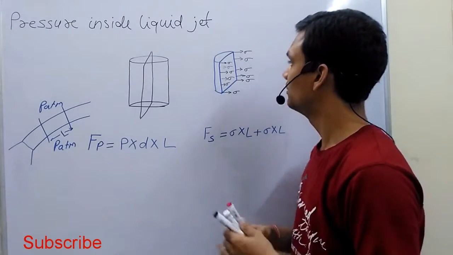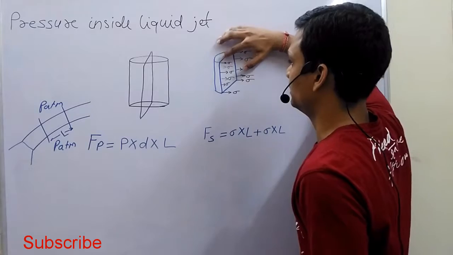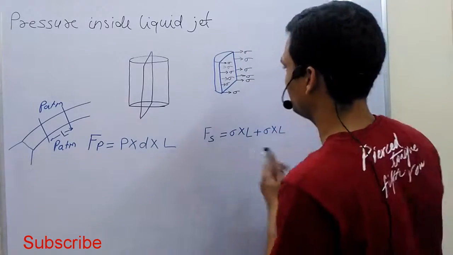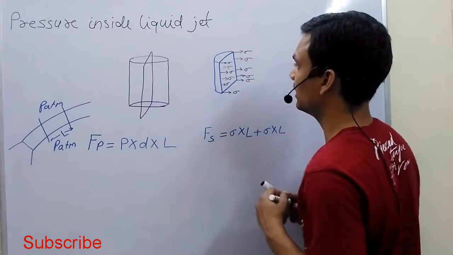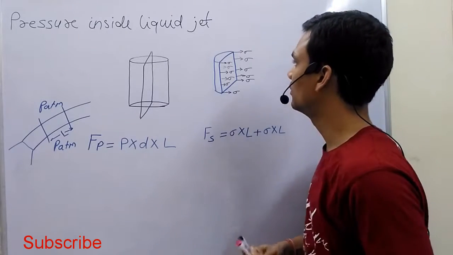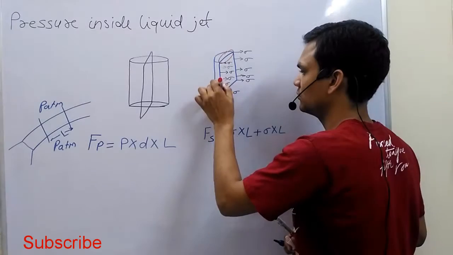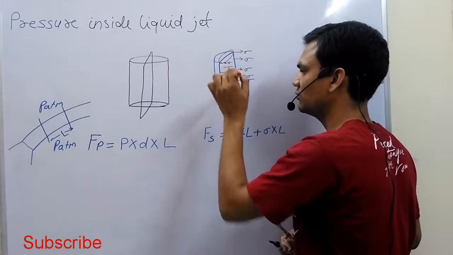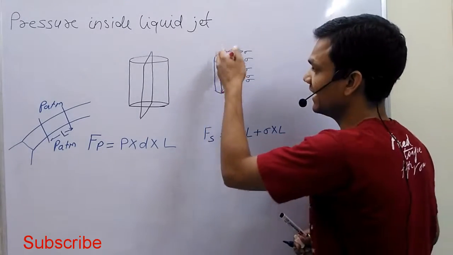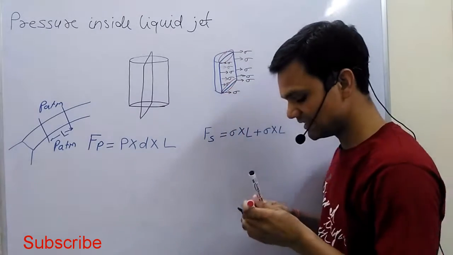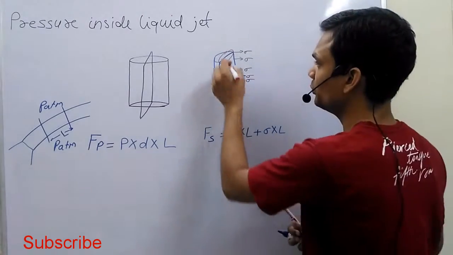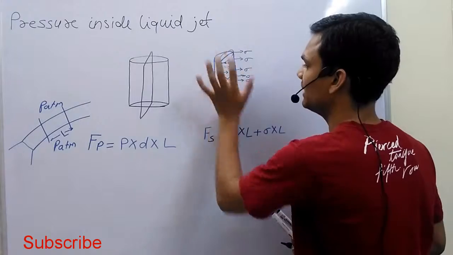Now please try to understand. I do not consider the surface tension force on this part, because this area as compared to this area will be negligible. So we do not consider this part and this part.